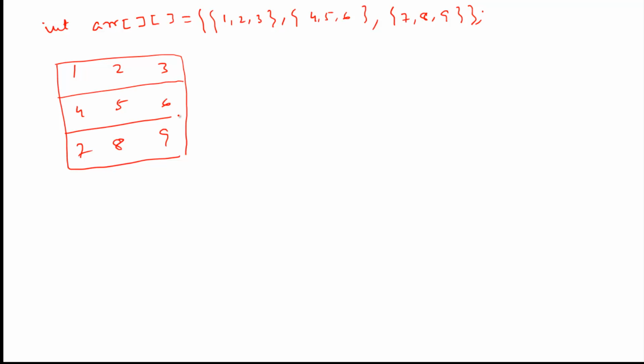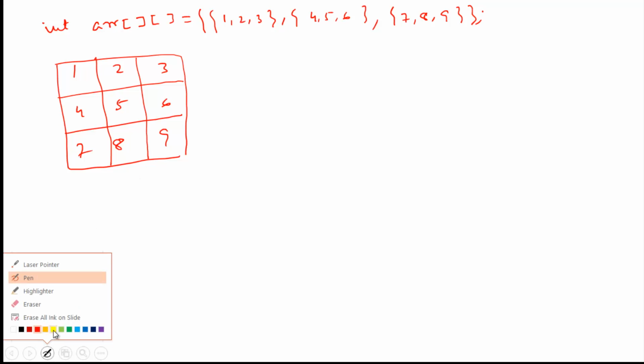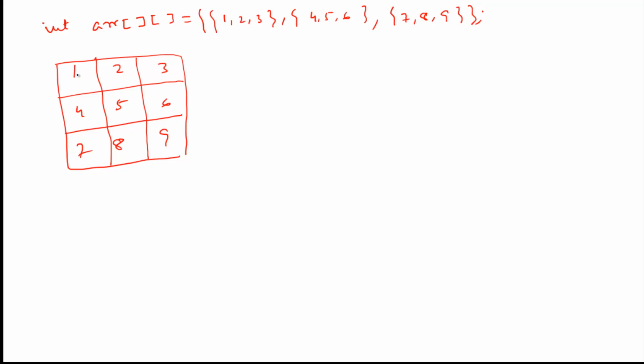Now this is the column, this is the column, this is the column, and this is the row. So we have column 0, column 1, column 2, and row 0, row 1, and row 2.